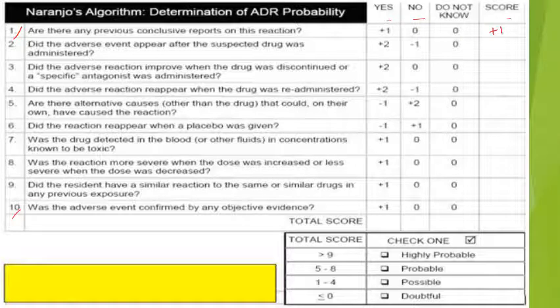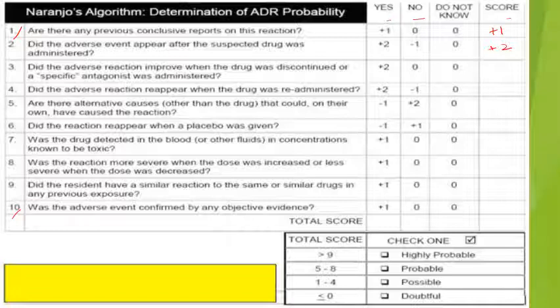Then, did the adverse event appear after the suspected drug was administered? Yes, he said in his medical history that he has been taking prazosin in the past. So my answer is yes, and I'll write +2 here. Then, did the adverse reaction improve when the drug was discontinued or a specific antagonist was administered?